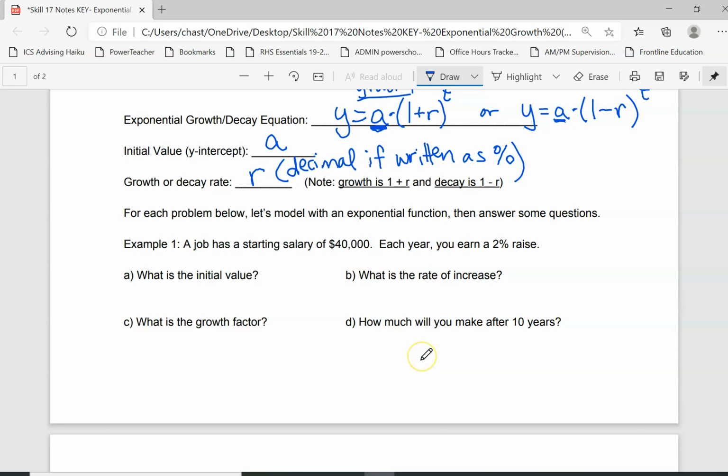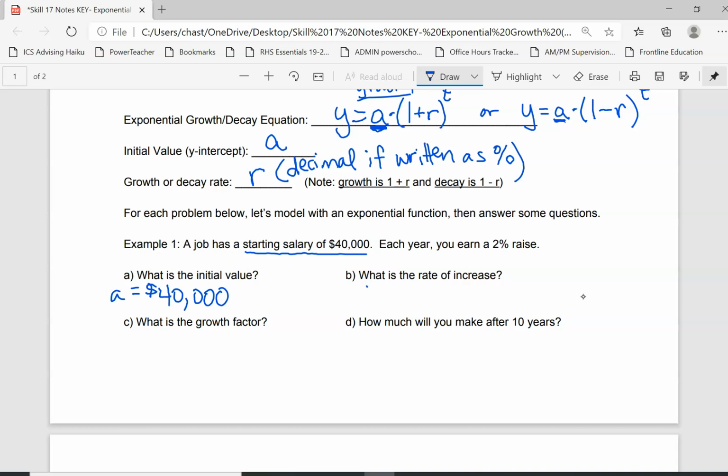All right, so we're going to look at a few scenarios here. For each problem, we're going to model with an exponential function and then answer some questions. Example 1 says that a job with a starting salary of $40,000, that's our initial value. That would be the A in our function.